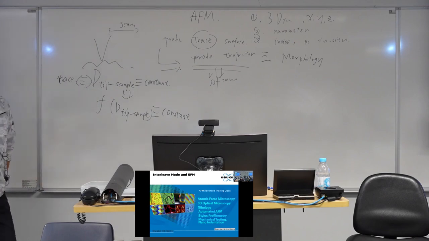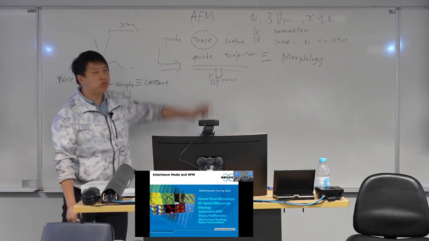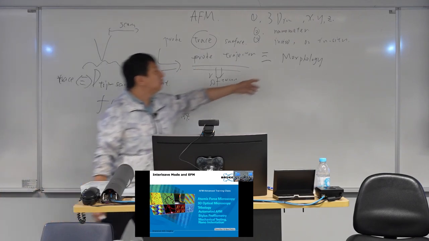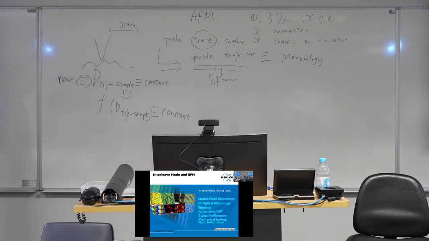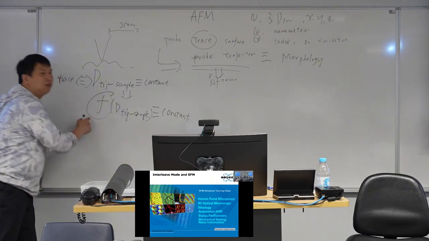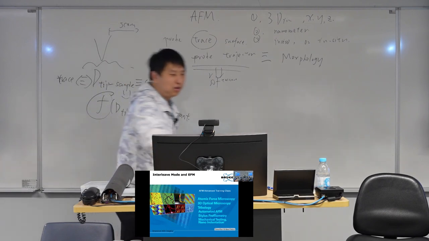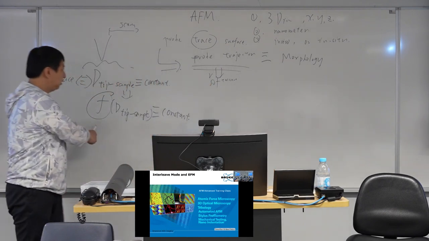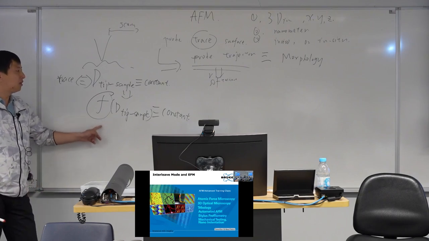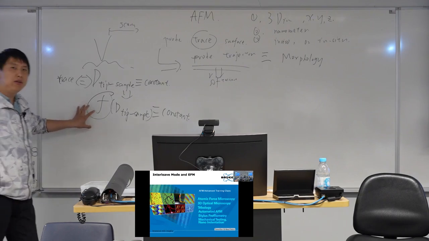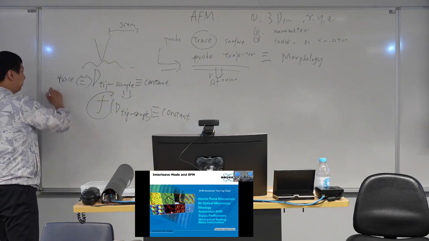We record how the probe moves, and then we get the morphology. That's the brief idea of atomic force microscopy. The key here is what function we can use to do this. The function we found here is the force.